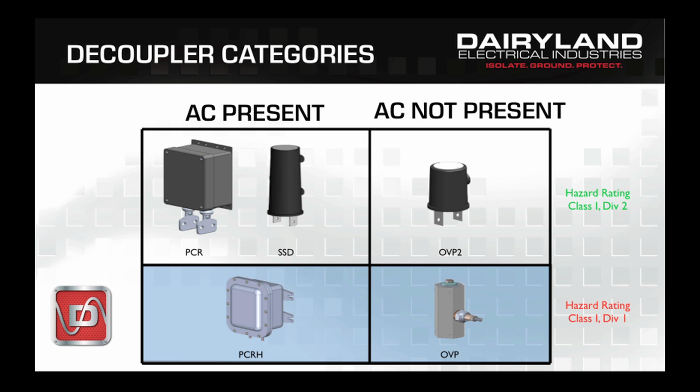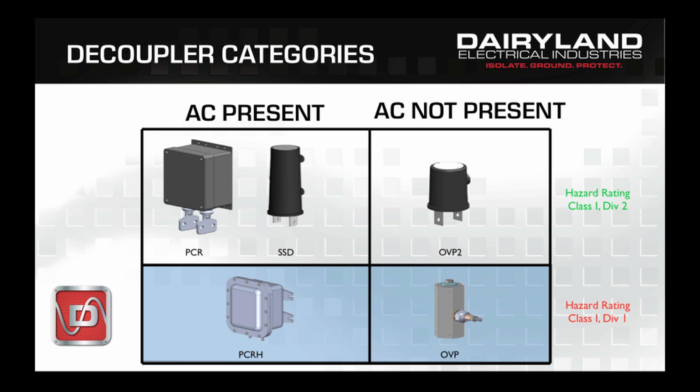If you look along the bottom row, our product offerings include the PCRH, or polarization cell replacement HAZARDOUS, and the OVP. Both products are rated for situations where explosive gases and vapors can commonly occur. A further element to consider in this chart are the columns.